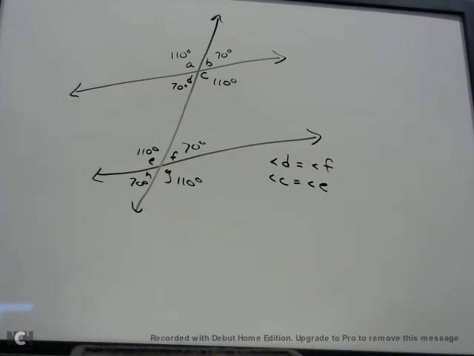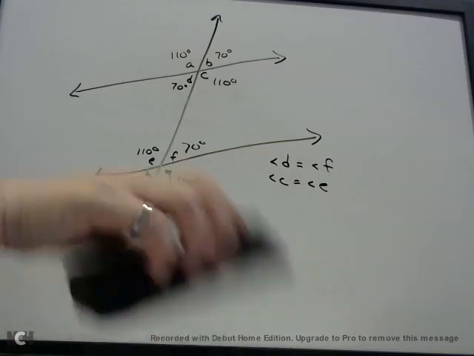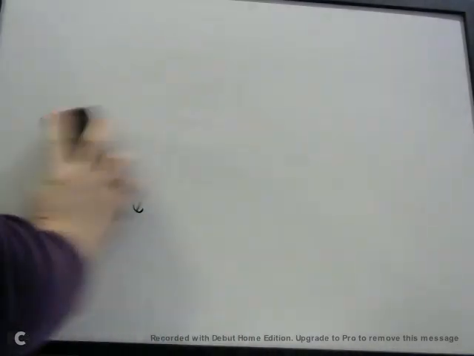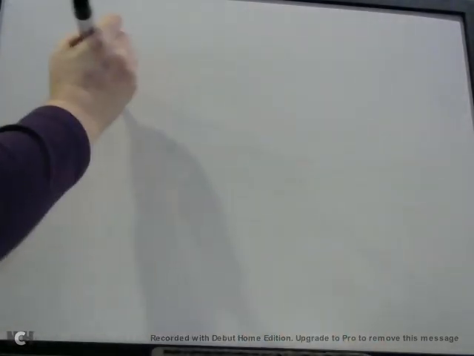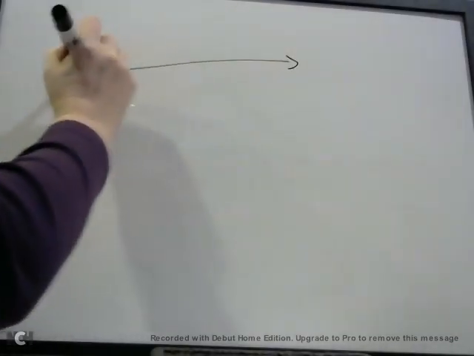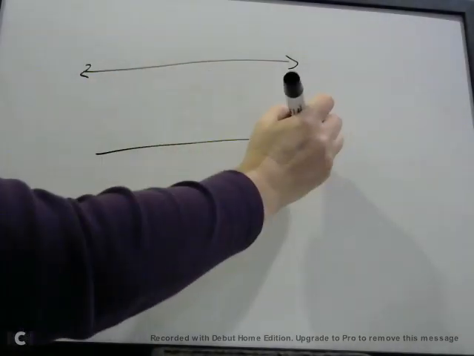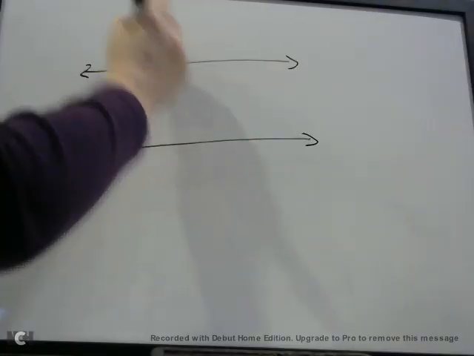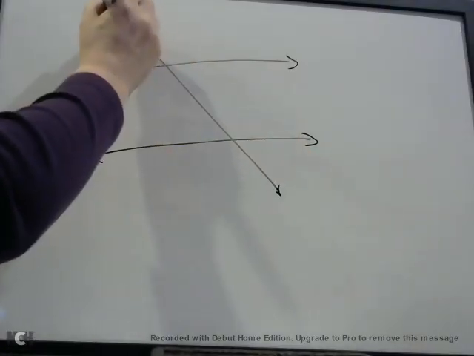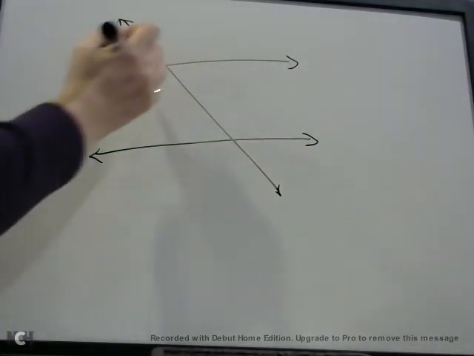The way that they might do this, we'll do one last example here. They're going to give you two parallel lines. They might draw it in a picture like this, with a third line crossing both of them.